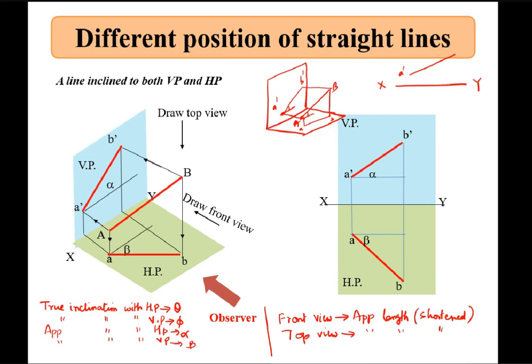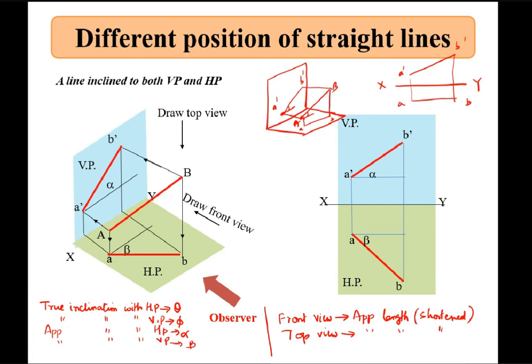Height of point B also I am fixing it. I am not changing the height of point A or B from the HP. Point A I am making completely fixed and I am rotating this straight line. I am moving point B in such a manner that I am giving inclination to this AB with respect to VP. Okay, then what will happen? Can you tell me? A dash B dash gets shorter. This is AB. Now how will this figure change? Can you tell me? A dash B dash gets shorter.